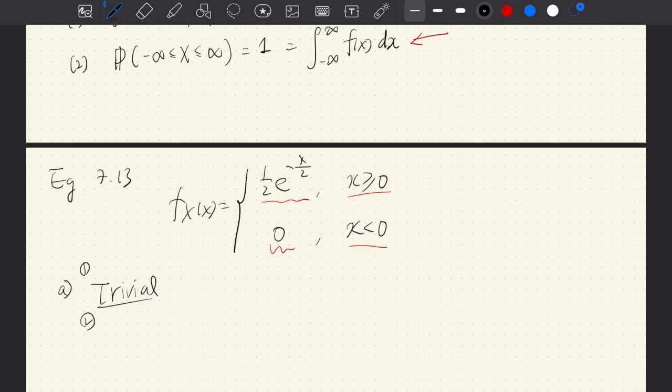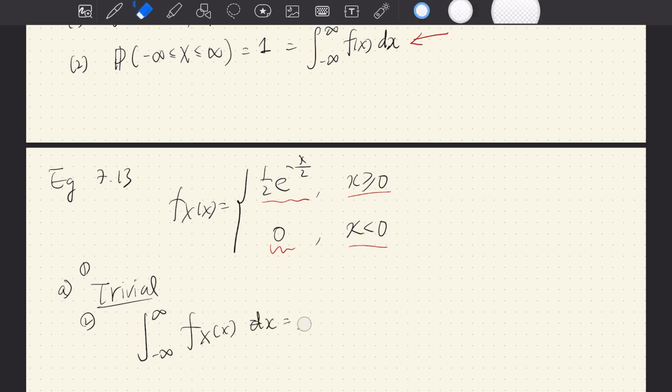And for the second requirement, we have to do some calculation with improper integrals. We want to make sure that when f_X(x) is integrated from negative infinity to positive infinity, this is equal to 1. So now let's try to evaluate this improper integral.